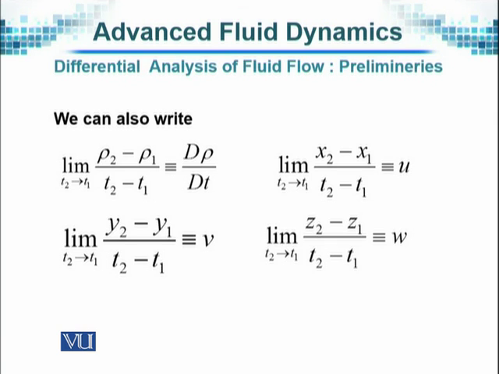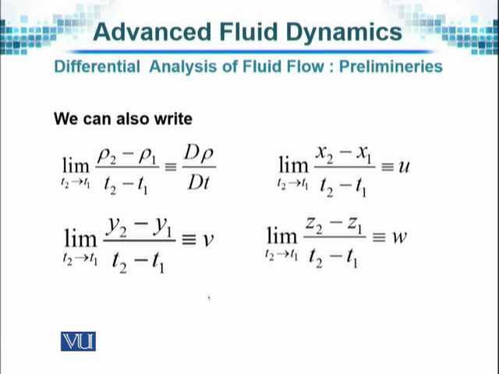Similarly, we take the limit for x, y and z variables also respectively, and we know from the knowledge of calculus that these are denoted by the velocity components u, v and w, and the rho term is written as D rho by Dt, and the D is capital here because this notation is chosen for the material derivative.